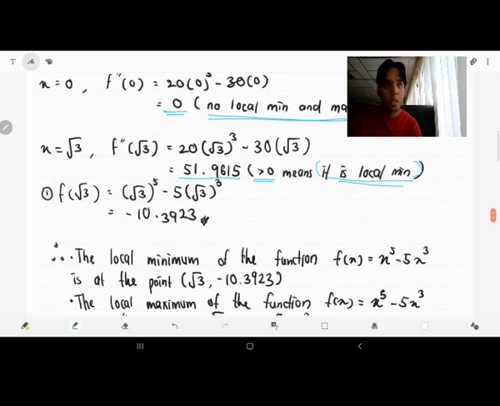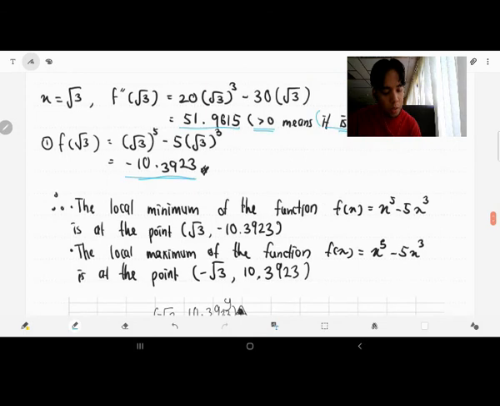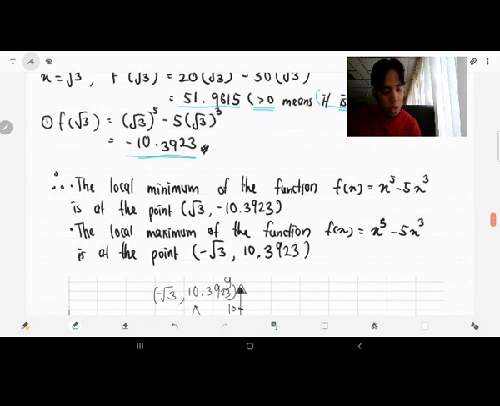So to find the minimum point of the function, we substitute square root of 3 into f(x), and we get negative 10.3923.